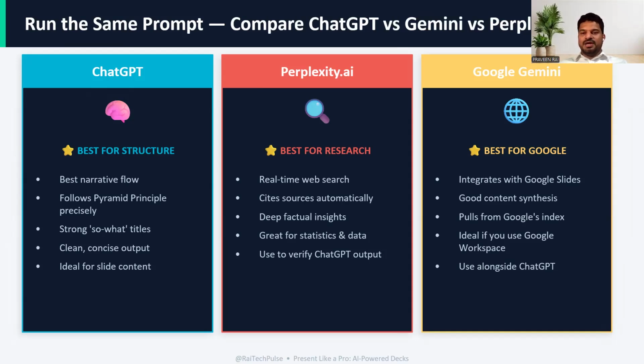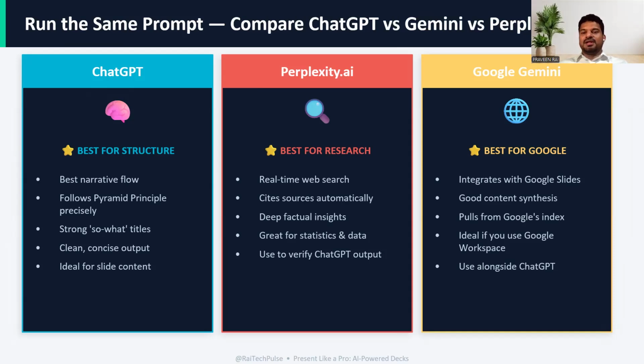Google Gemini is best if you already use a lot of Google tools, spreadsheets and other integrated products. In that case, Google Gemini is the best choice if you're a Google Workspace user. It integrates directly with Google Slides, which makes it powerful for teams already in that ecosystem. It's also good for pulling information from Google Index.